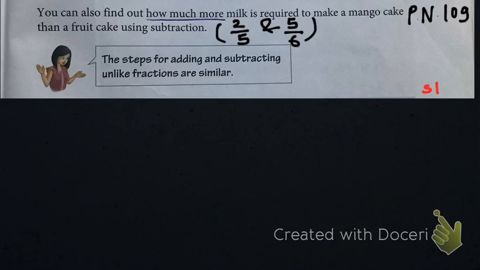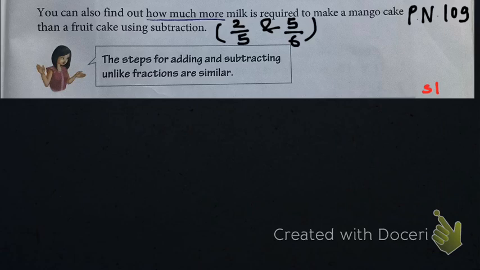Okay, so you know that when a question says how much more, how much greater, what is the difference, in these cases we need to subtract. Basically we have to find the more number. To find the more number we need to subtract.